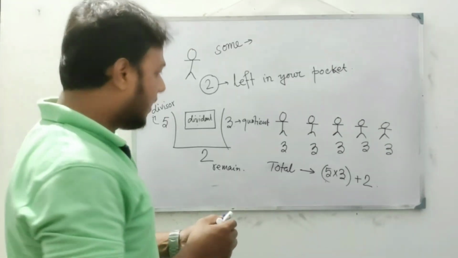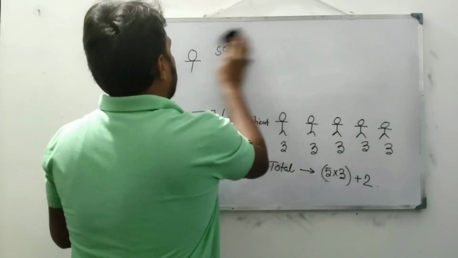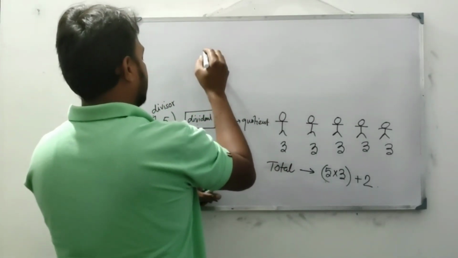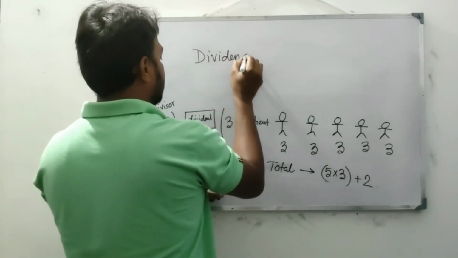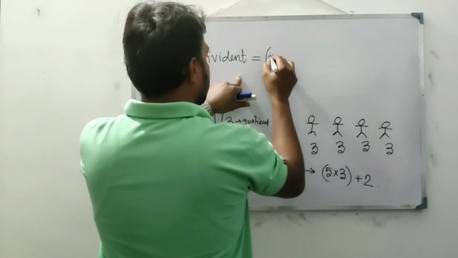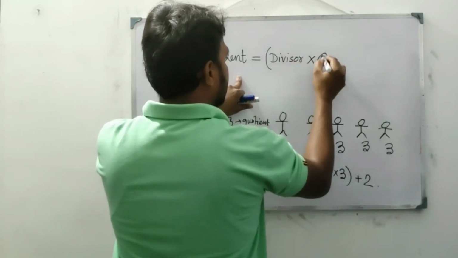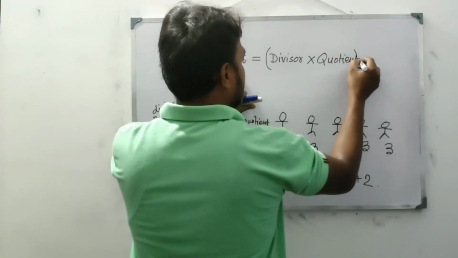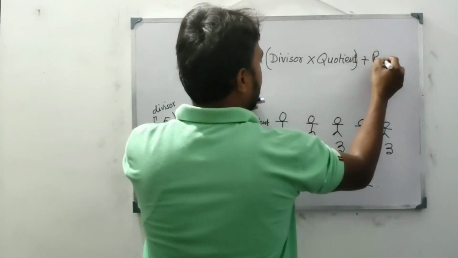Is it clear? I am writing this part. This is very important. So dividend equals divisor into quotient plus remainder.